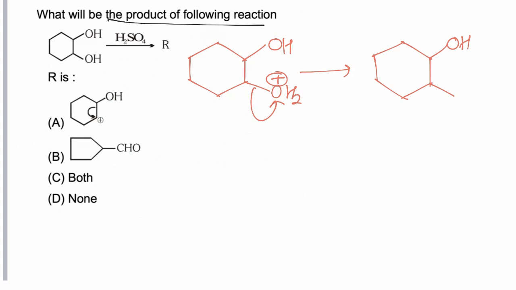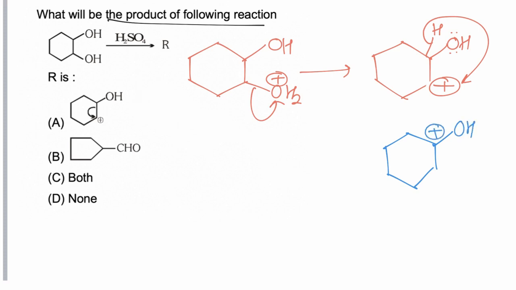Now this carbocation may further stabilized by alpha effect of OH group. So hydrogen will migrate. Now this is the carbocation formed, which will stabilized by alpha effect.